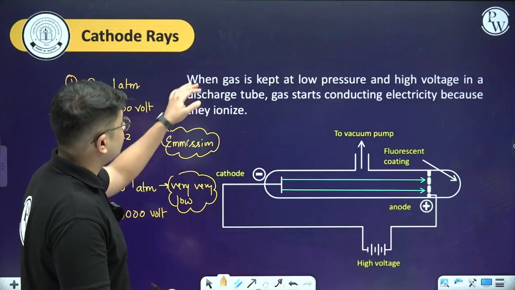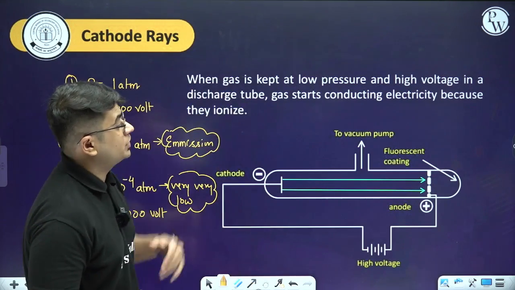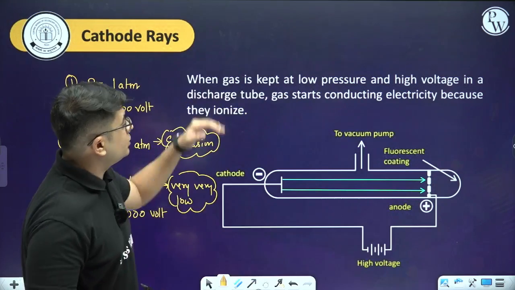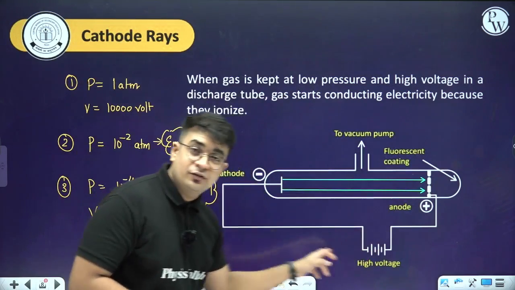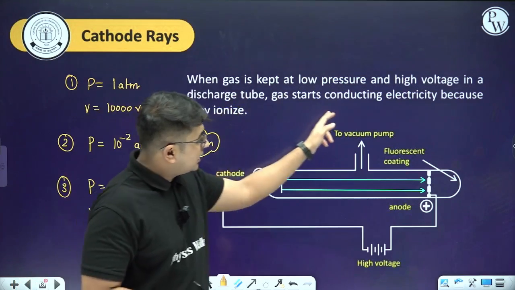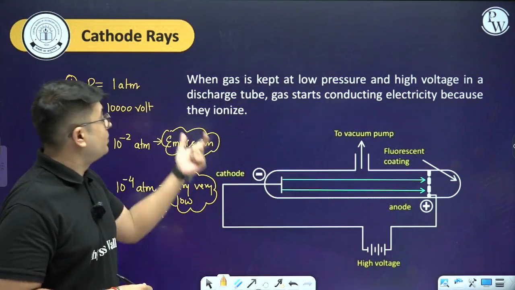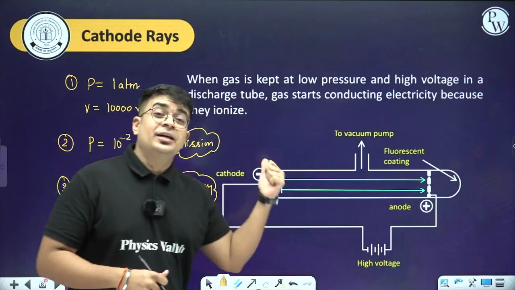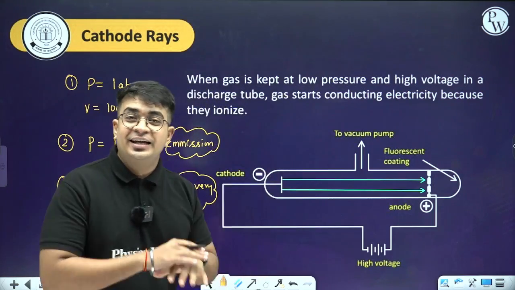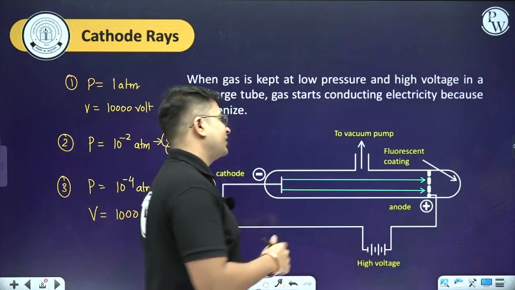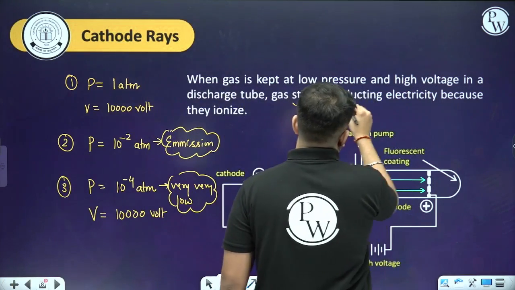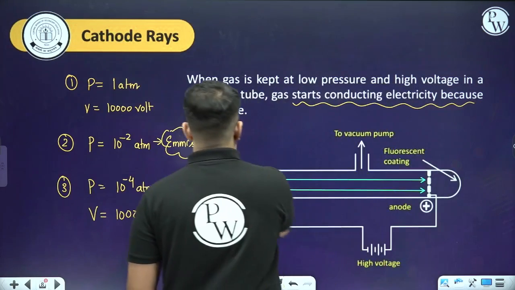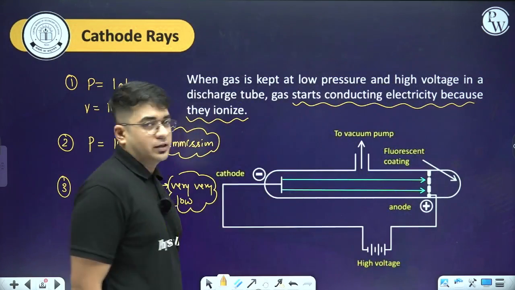Now when gas is kept at low pressure and high voltage in a discharge tube, you know the basic idea of this discharge tube: gas starts conducting electricity because they ionize. They had no clue about the ionization process, but we know that gas starts conducting electricity because of the process of ionization.